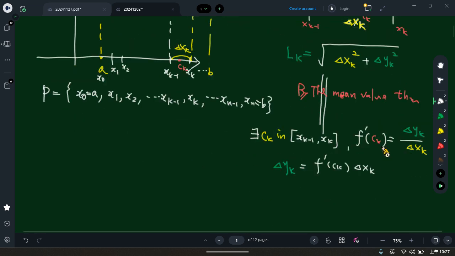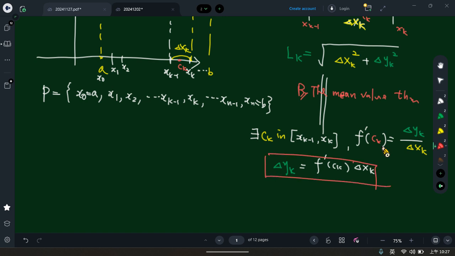But with this, if we can replace delta yk, we can simplify this expression into an expression on a delta sk basis.